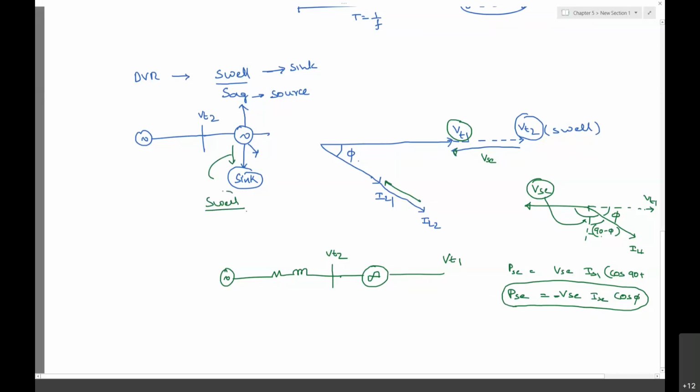In order to make this possibility work, the DC battery should be capable of storing the power, especially the real power, during a swell condition.